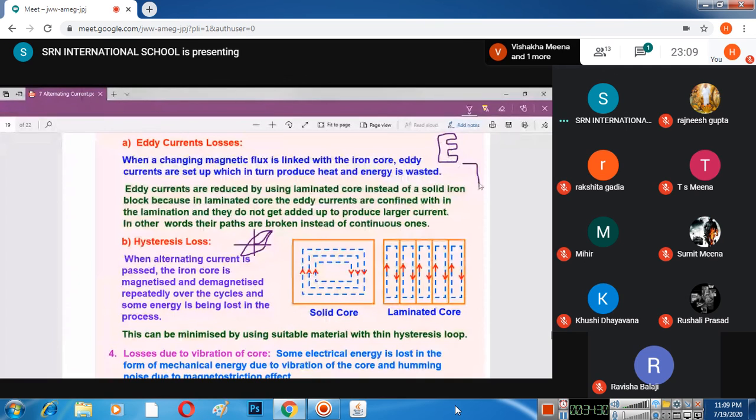We place these E type thin sheets over each other, and combined what will happen?